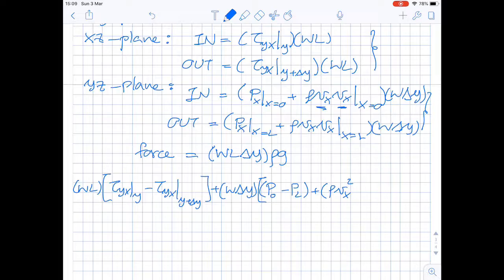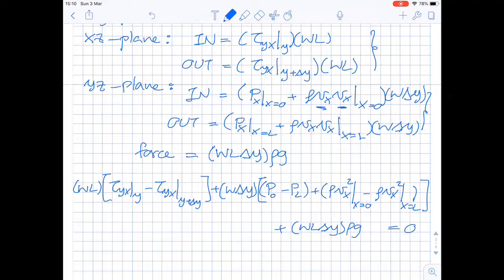So Vx squared at x equal to 0 subtracted by rho Vx squared at x equal to L. Plus force term, which is WL delta y rho g equal to 0.